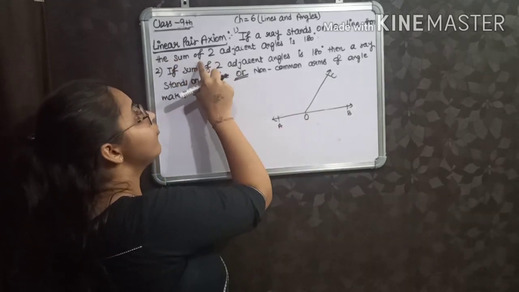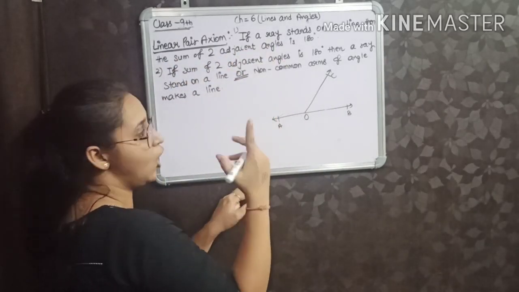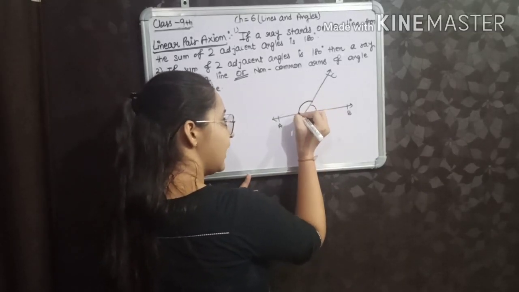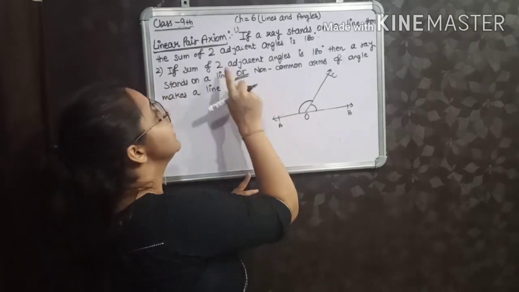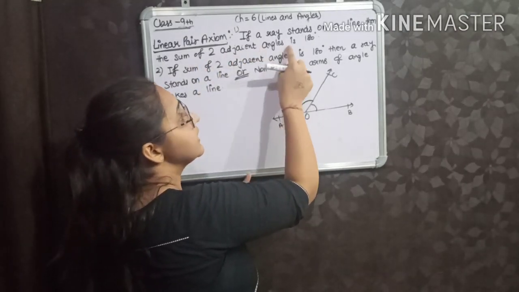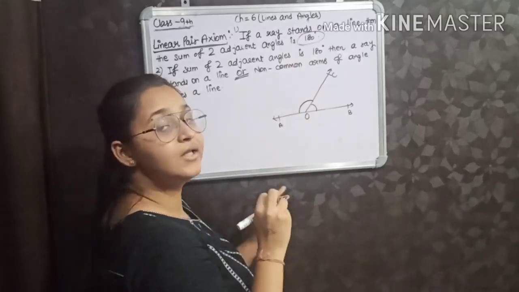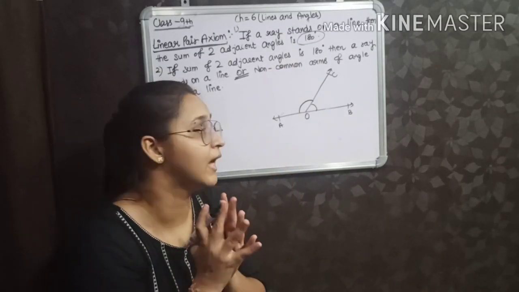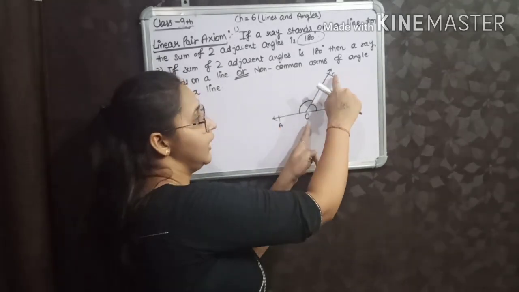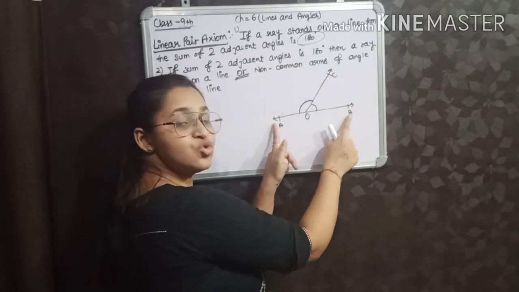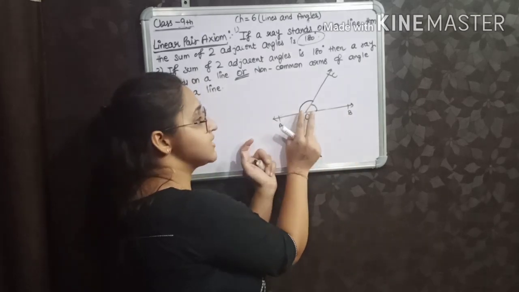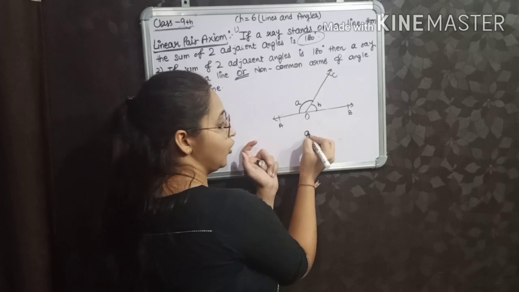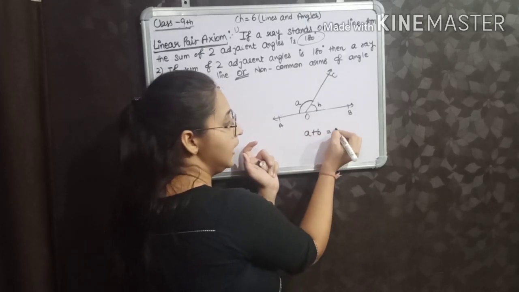Then the sum of two adjacent angles, this angle and this angle, is 180 degrees. This is our mathematical axiom: if a ray OC stands on a line AB, then the sum of these two adjacent angles is equal to 180 degrees.